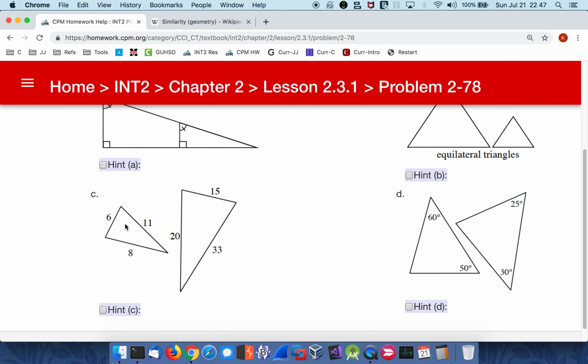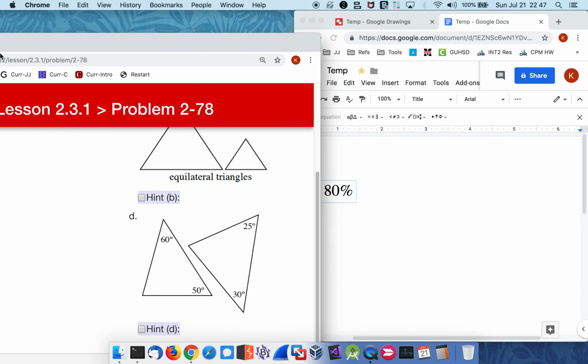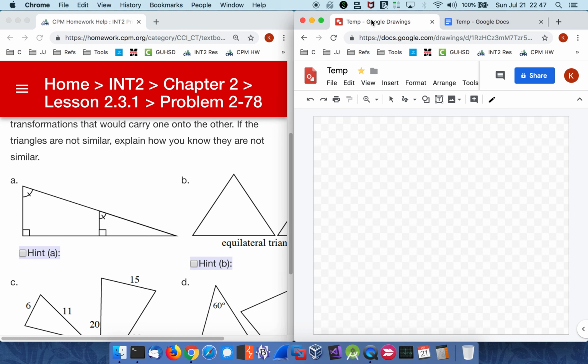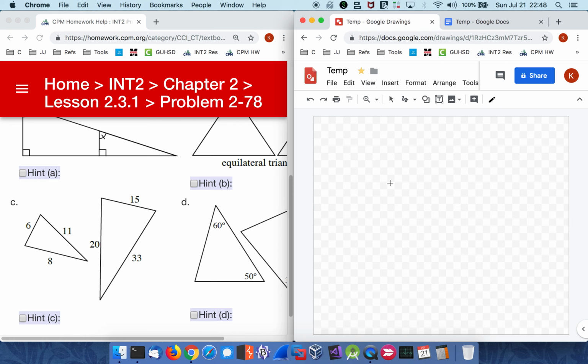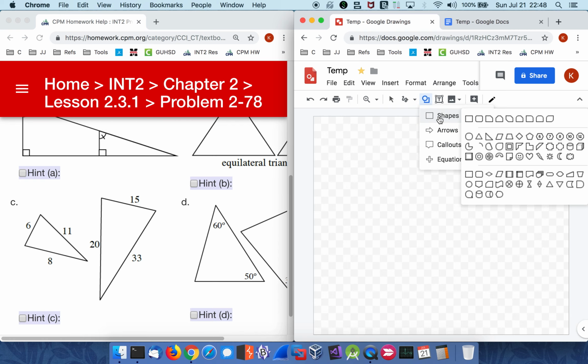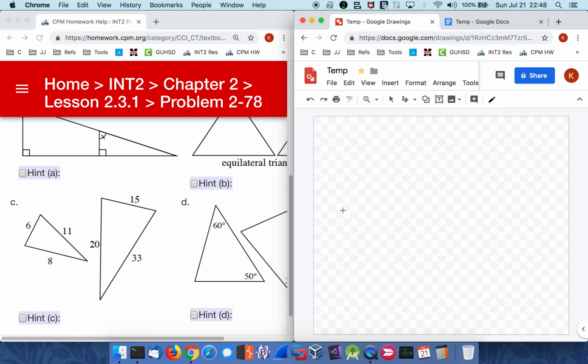Now we got a tricky one. So we've got two triangles and some different side measurements. So what I'm going to do is I'm just going to draw them out here. Let's take this thing and let's draw it out. All right, what do we got here? We got a triangle. Some weird shape, right?